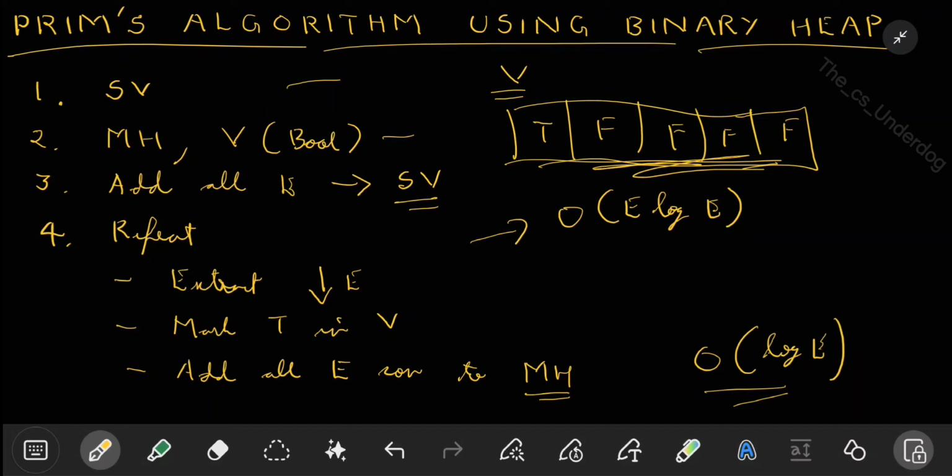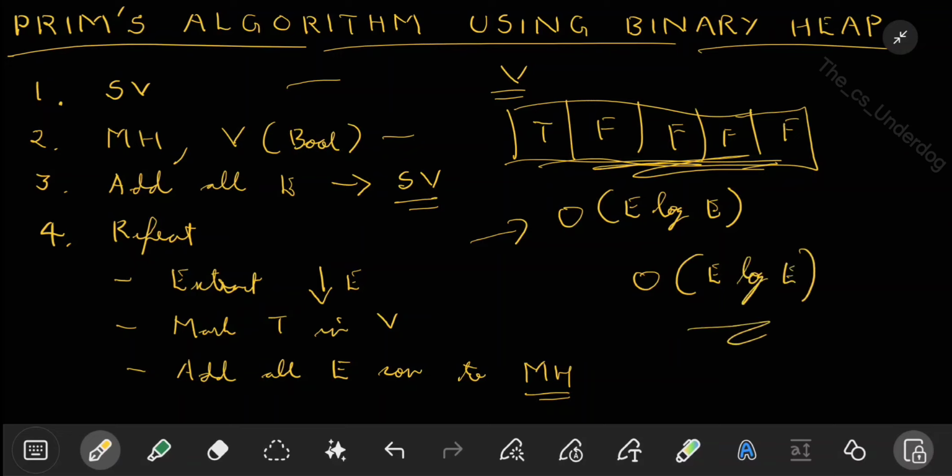And in worst case, how many edges will you have to add? Throughout all the loops, the maximum is that you will have to add all edges which are part of this graph. So maximum is order of e times you will have to do this order of log e operation. So total is order of e log e.